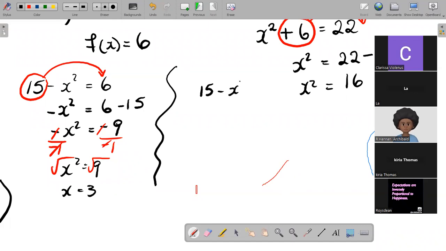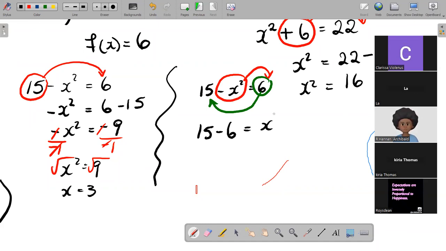15 minus x squared is equal to 6. The smarter way to do it is to move minus x squared over. And when we move it over, what is it going to become? A positive. And then move the 6 over. And when the 6 moves over, what does it become? -6. So what would you end up with? 15 minus 6 is equal to x squared.